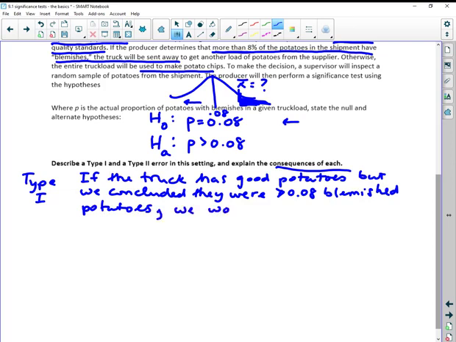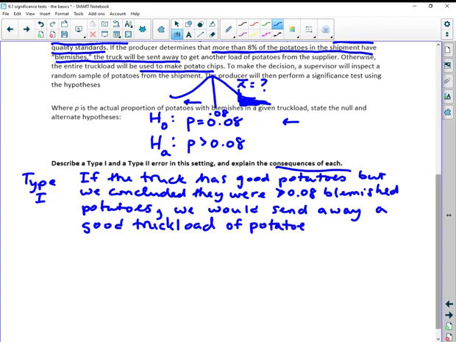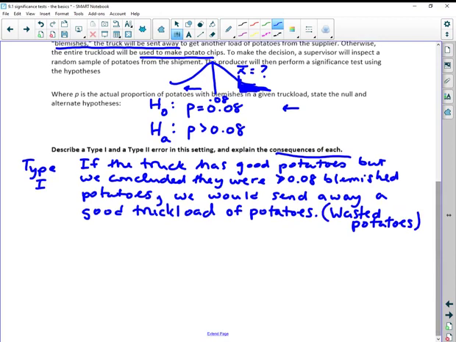We would send away a good truckload of potatoes. And that might make our supplier really upset because they sent us good potatoes. We said, well, see you later, potatoes. We basically wasted the potatoes. They're going to be upset. We don't want to have that happen too many times because they would definitely not want to send us any more potatoes if we're just going to keep wasting them.